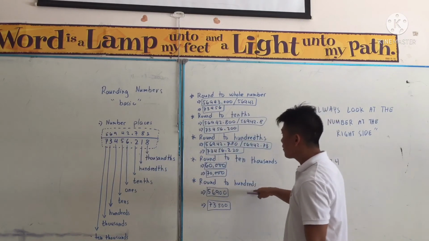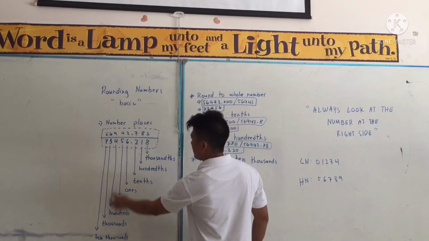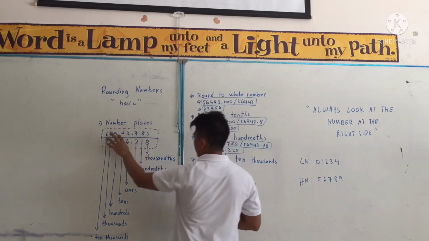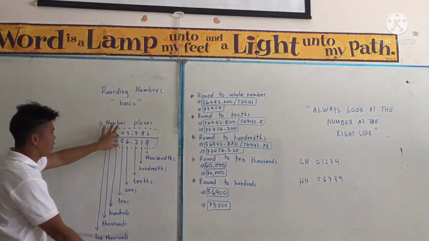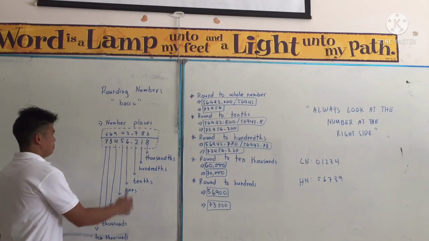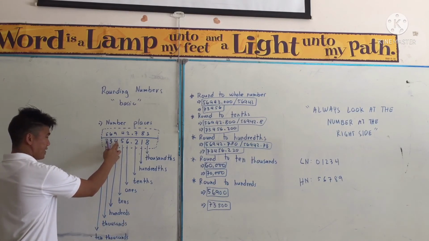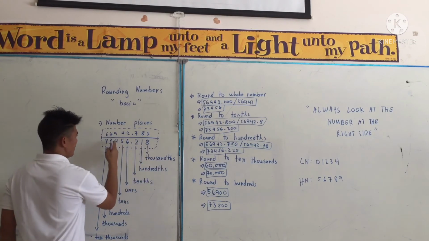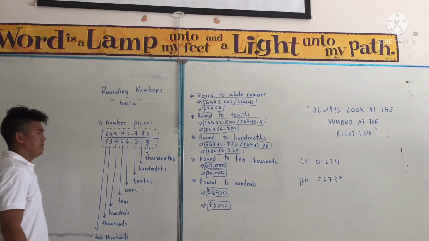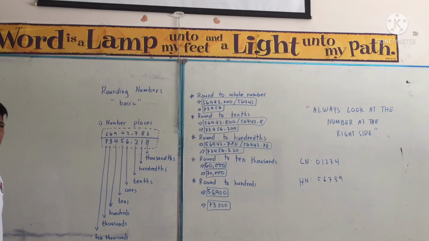Round to the nearest hundreds: hundreds are 9 and 4. The number at the right side of 9 is 4, so just leave 9 there. For 4, the right side is 5, higher, so add 1 to 4, making it 500. I hope you understand.